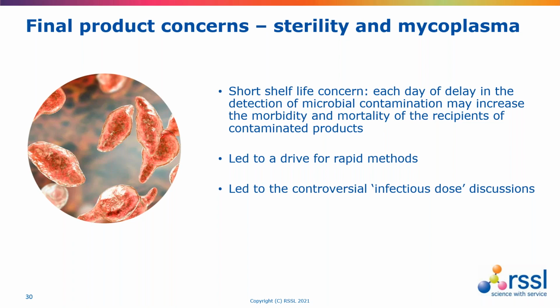And this is a debate that's ongoing in parts of the US. At this stage, the requirement for sterility is the requirement for sterility. So my advice would be not to go down that route unless there was specific regulatory direction.